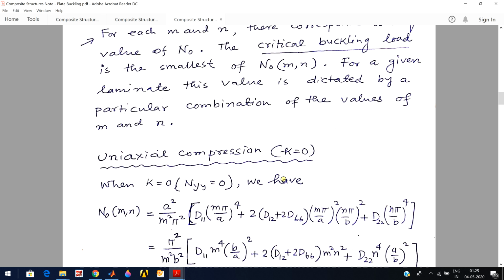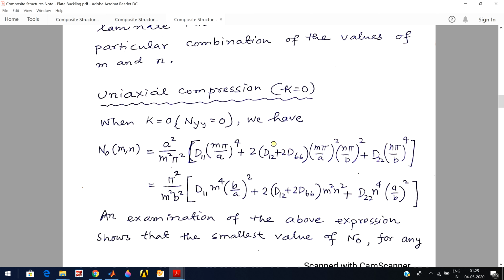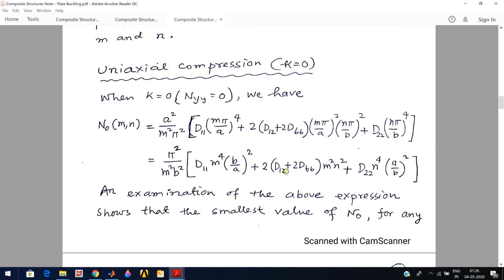Alright, so now if we have the uniaxial case of compression, then k can be considered 0, and then nyy is 0, and we'll have a simplified form of the equation. Here you can see the critical load is a function of this, where in the numerator you have m and n, but in the denominator you have only m.